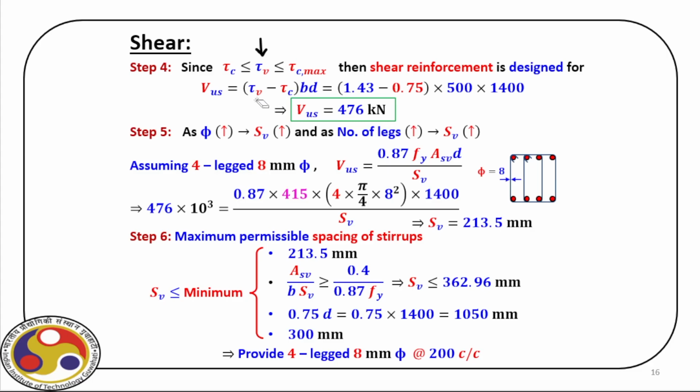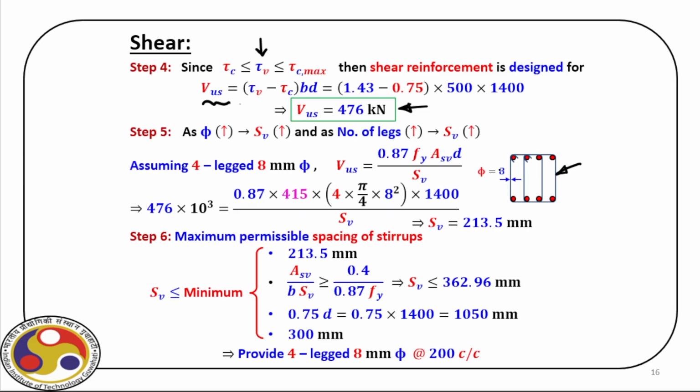So the difference times Bd is the Vus that will be taken care of by the shear reinforcement, which are actually these stirrups. So Vus we figure out is 476 kilonewton, right?